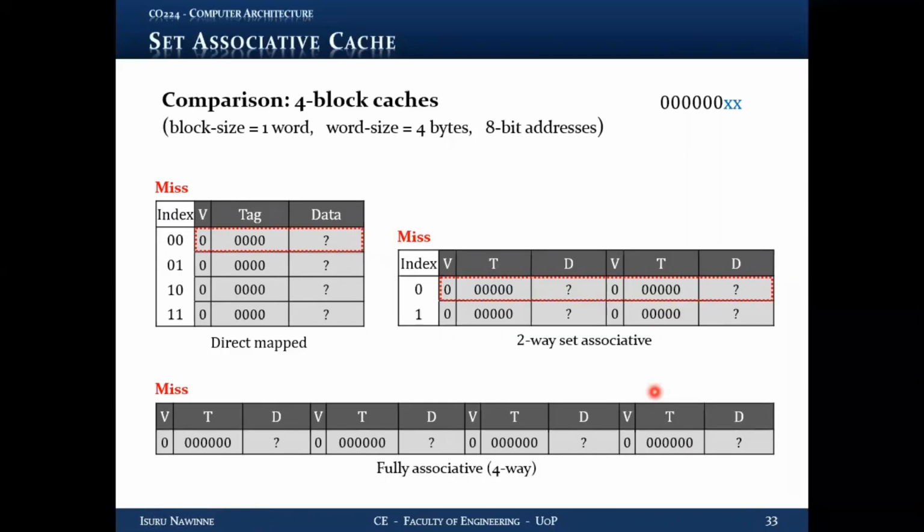So something to note here is that when an address is referenced by the CPU for the first time, it's going to be a miss anyway, right? Your cache is not going to have it the first time an address is referenced. Only when that address is referenced again afterwards, you can have that block in the cache.